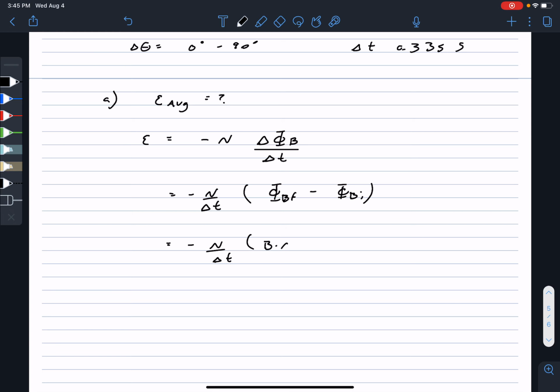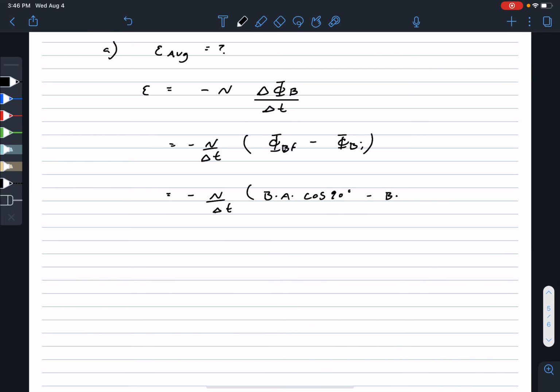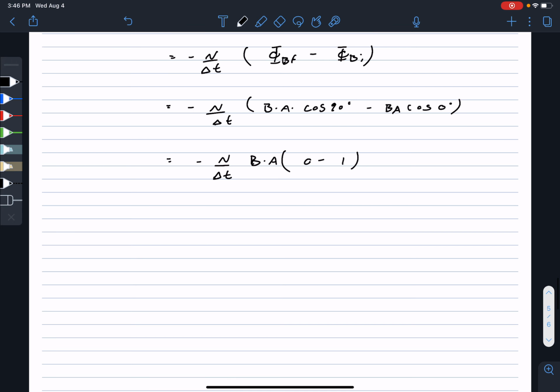And this was B times A times cosine of the angle, which in this case is 90 degrees. So we have this backwards. Final, we're rotating 90 degrees, minus the flux of cosine 0 degrees. So this gives us negative times the number of turns over delta T. We can factor out B, A, and then we have 0 minus 1. Well, that gives us N over delta T, B times A. And we have all of the information there where we can just plug this stuff in.